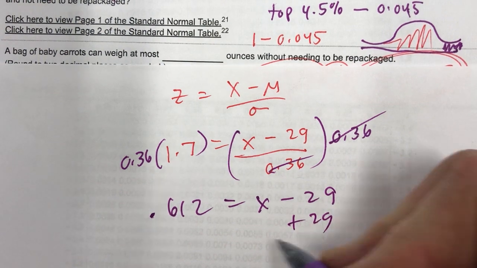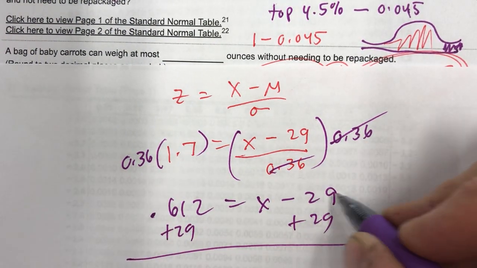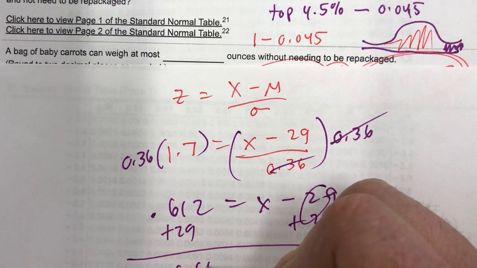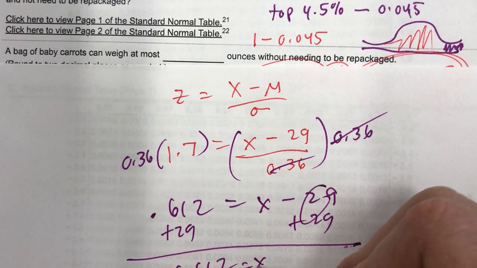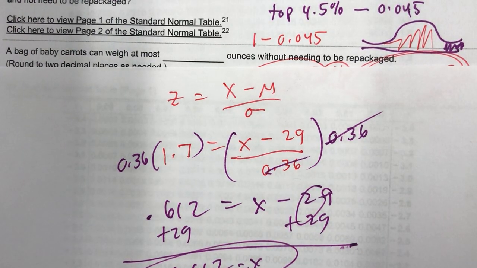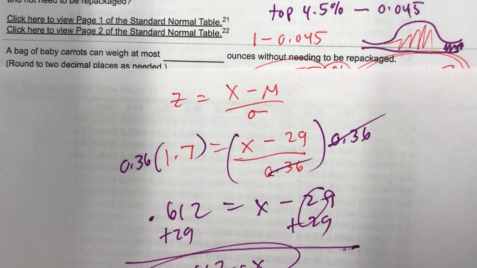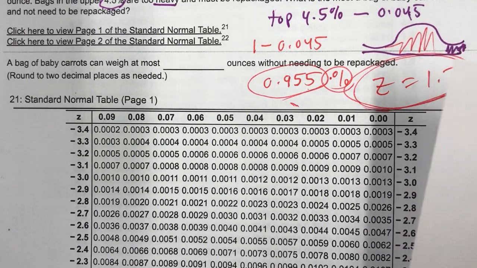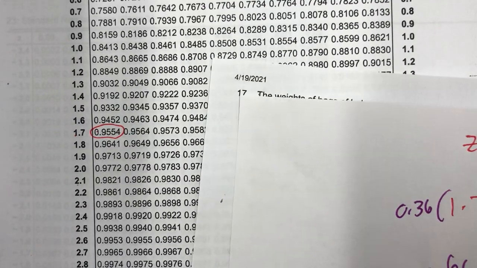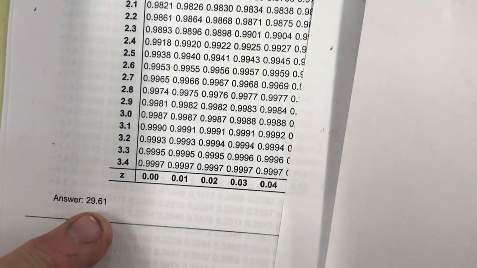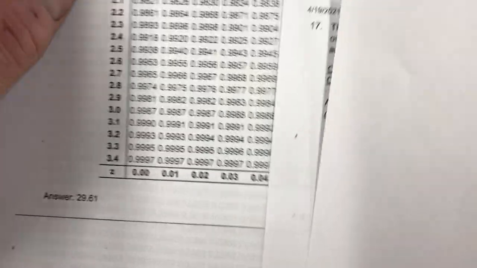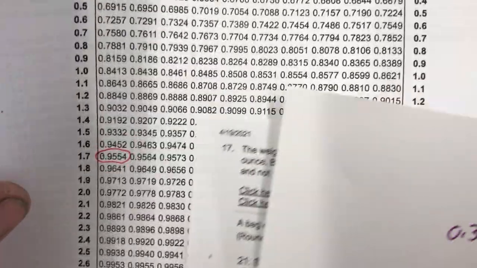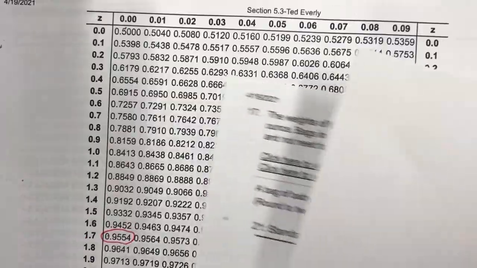So I need to add 29, and it's going to be 29.612. This is what x should be. So anything that's over that is going to get rejected. And let's make sure we get this right. Yep, 29.61. So anything over that gets rejected, rebagged. Anything under that is acceptable and it goes on to the market.